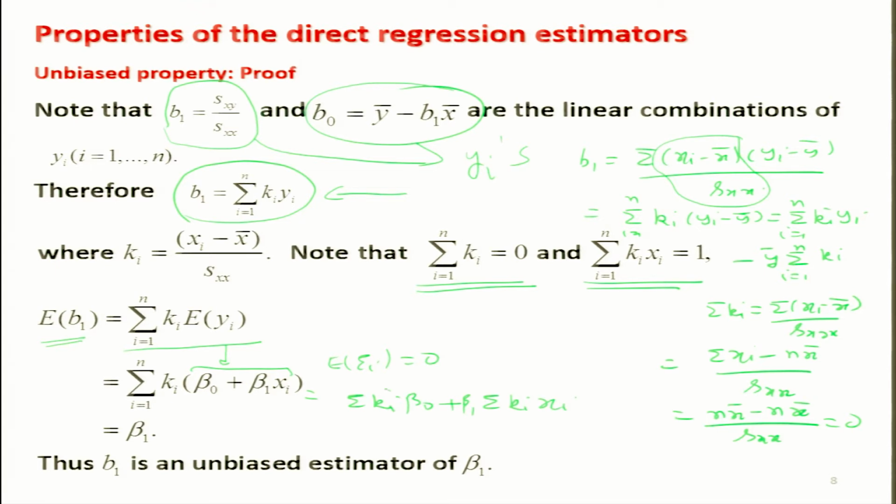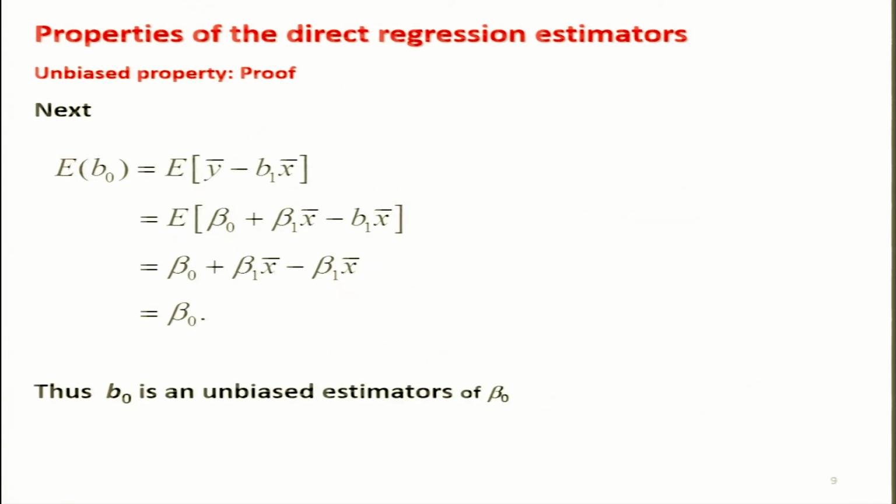So, summation ki is 0, so the first part becomes 0, and summation ki xi is equal to 1, that you can verify. So, I get expected value of B1 is equal to beta 1, and that establishes that B1 is an unbiased estimator of beta 1.